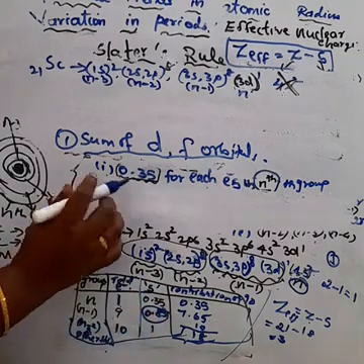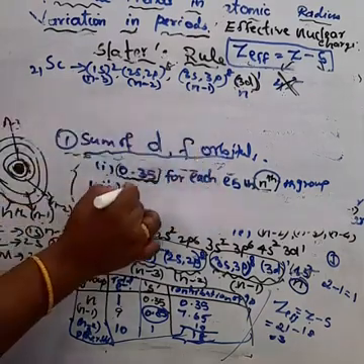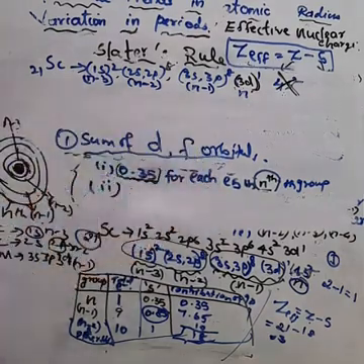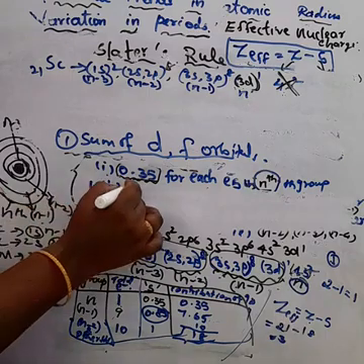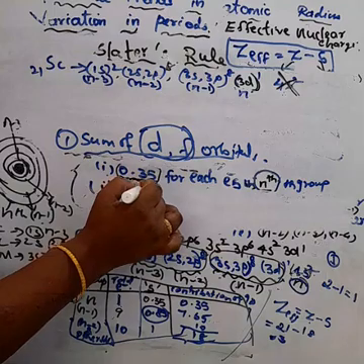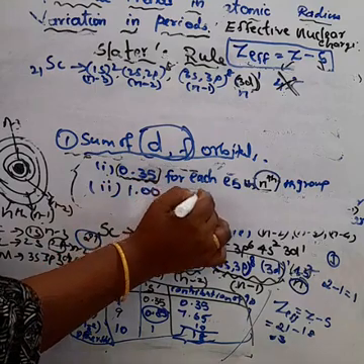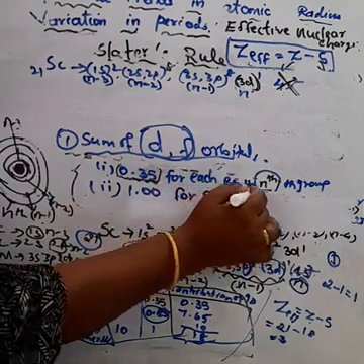But when we are calculating the effective nuclear charge on d and f orbitals, you should not take 0.85. You take 1 for each and every electron in the inner orbitals.